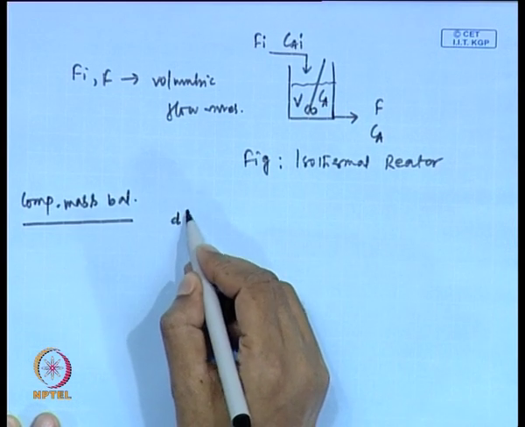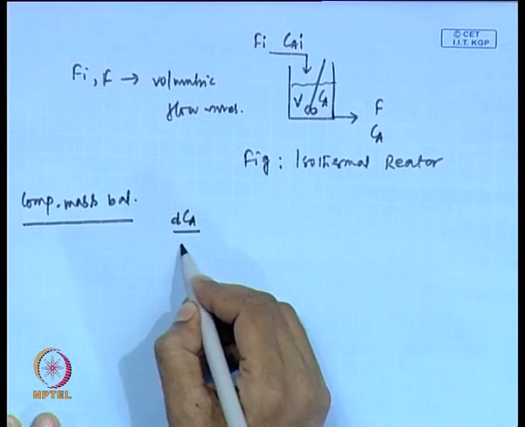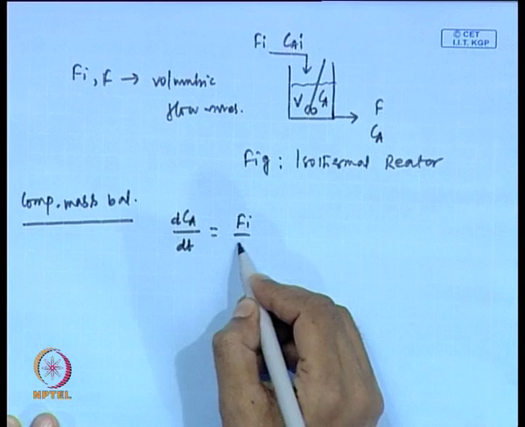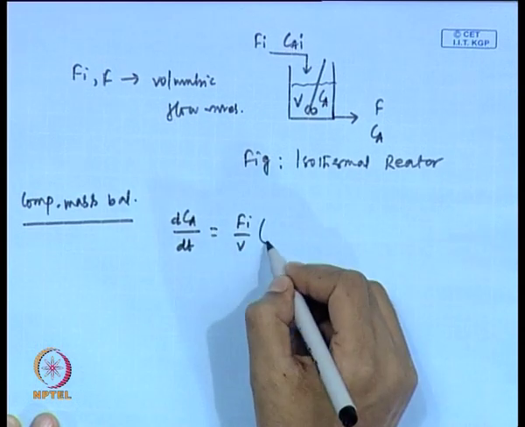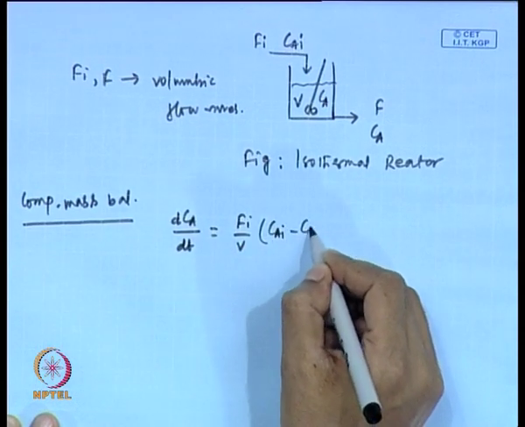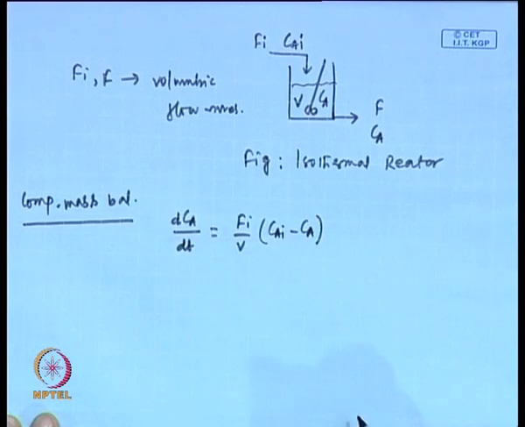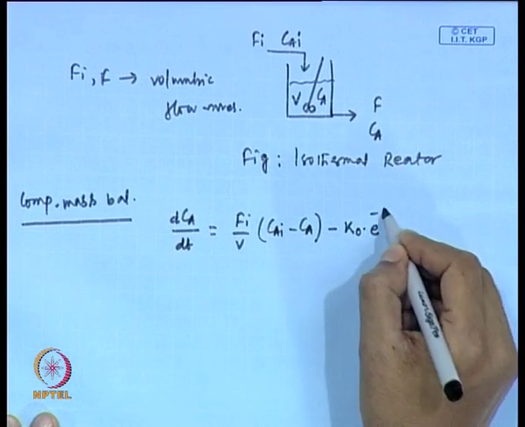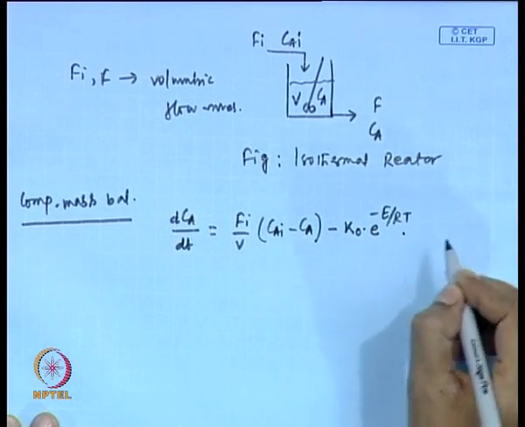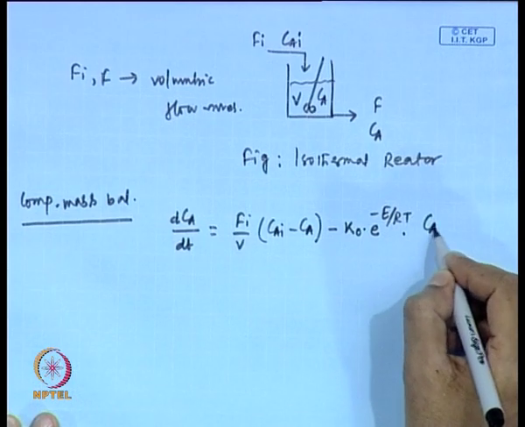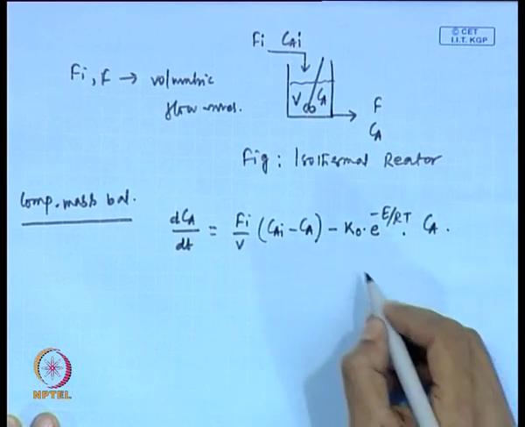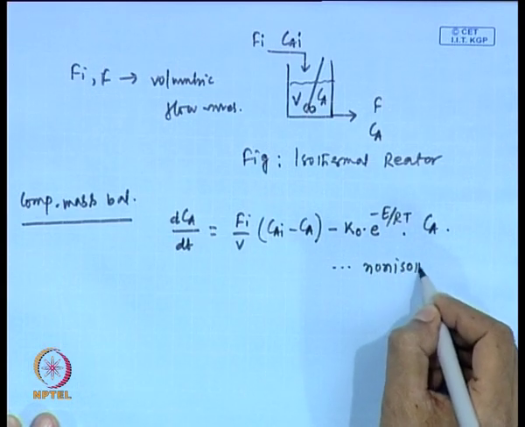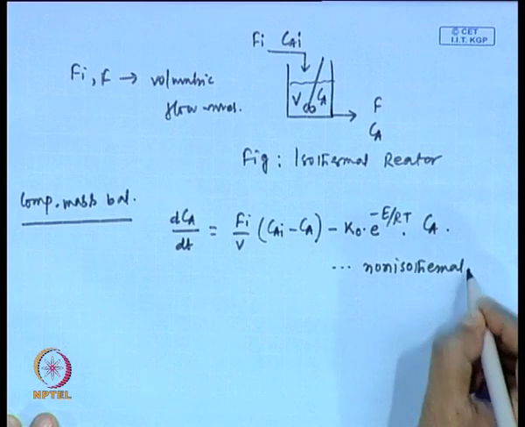Previously we got this equation: dCA/dt equal to Fi divided by V times (Cai minus Ca) minus K naught exponential of minus E by RT into Ca. This equation we derived for the non-isothermal CSTR.